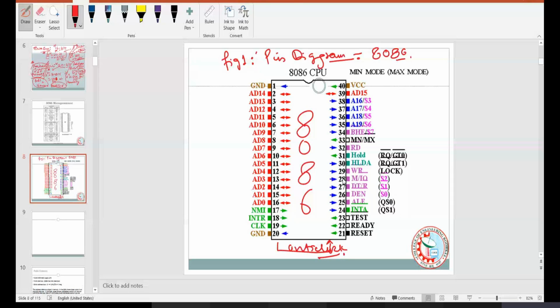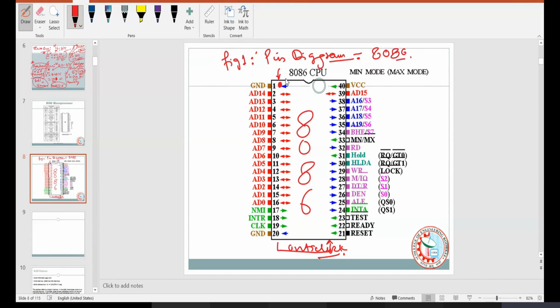The fashion of counting the pins is always anti clockwise, and in many processors you will find some identification note at pin number 1. They will provide some indication, most commonly a hole or a circular identification, which tells us where pin number 1 is.